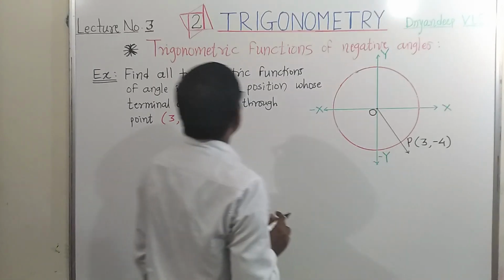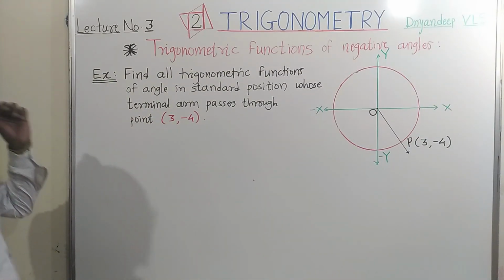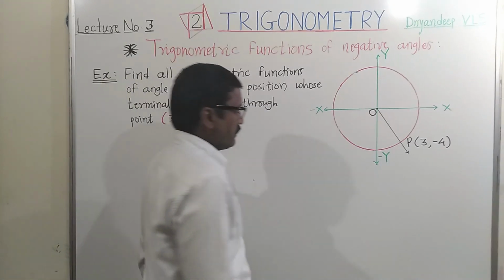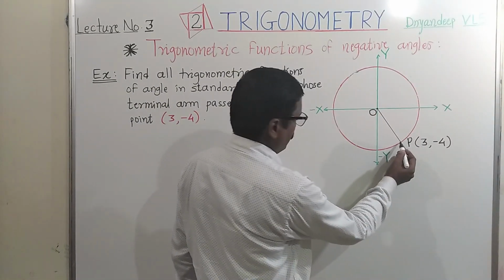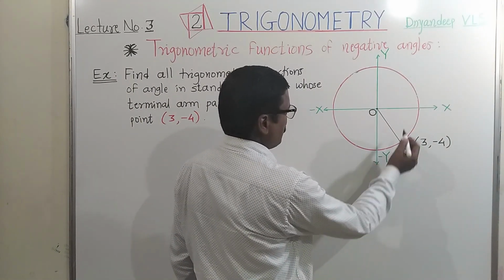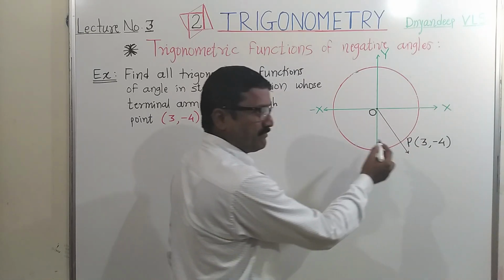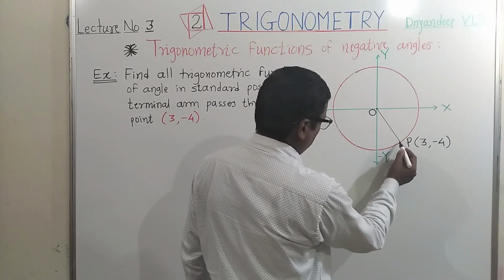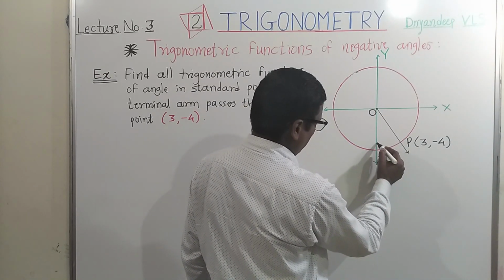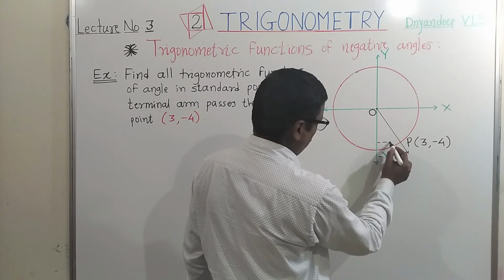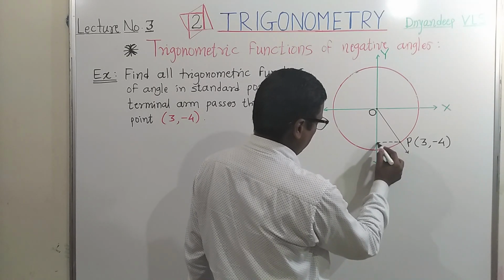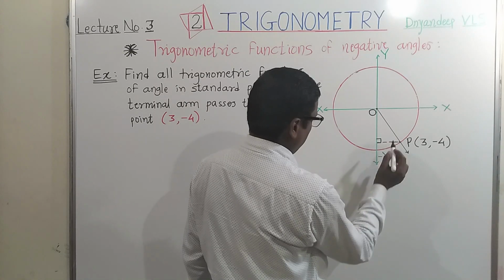So to find all the trigonometric functions, let us form here one right angle triangle by drawing a perpendicular from point P on either the x-axis or the y-axis. Let us draw a perpendicular on the y-axis. So this will be the perpendicular from point P on the y-axis.